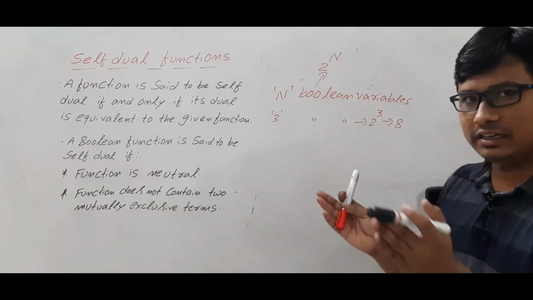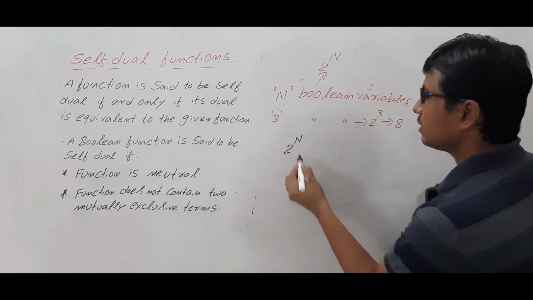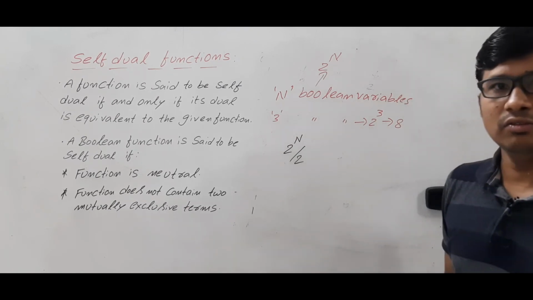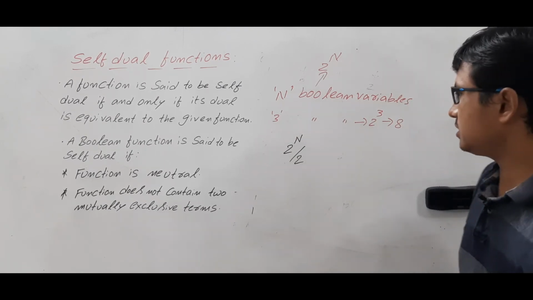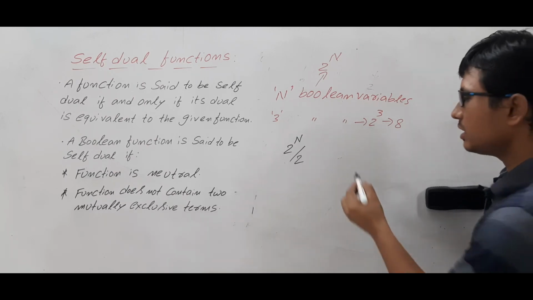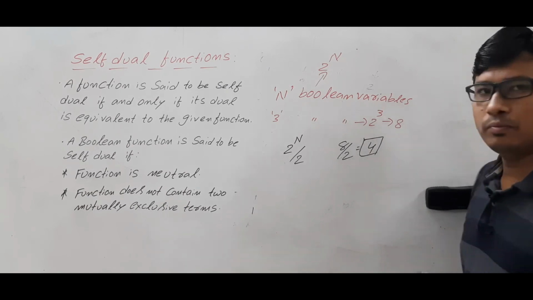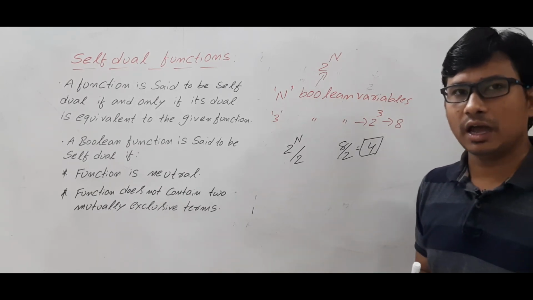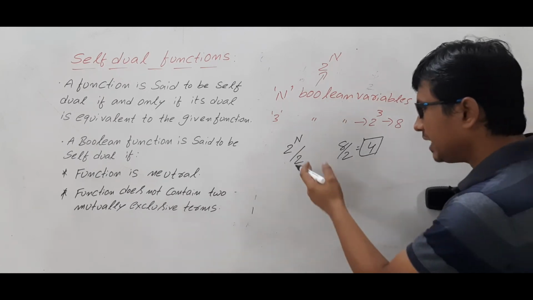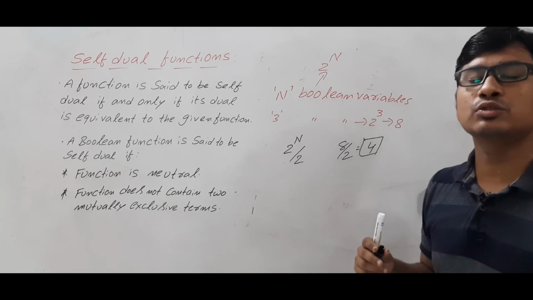So if I write them in a pair, I will get 2 power n by 2 pairs. Will you agree with me or not? Because when we have 8 combinations, 8 by 2, 4 mutually exclusive terms we got. Am I right or wrong? So similarly, if you have 2 power n, 2 power n by 2 number of mutually exclusive terms are possible.